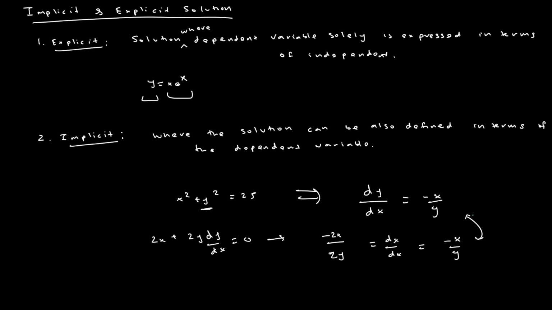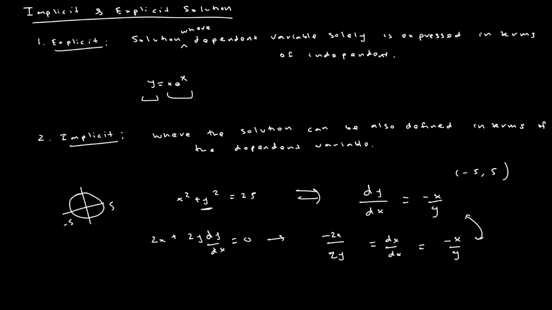being the solution on the range, and I think the range was -5 to 5. And we know that this is good on that range because when we graph this curve out, we have a circle between -5 and 5.